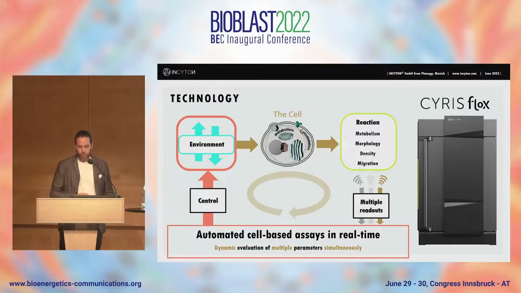We put everything in control, actuators, controllers, as well as sensors, in one device, the CyRIS-Flox system, which is able to perform automated cell-based assays in real time and allows dynamic evaluation of multiple parameters simultaneously.